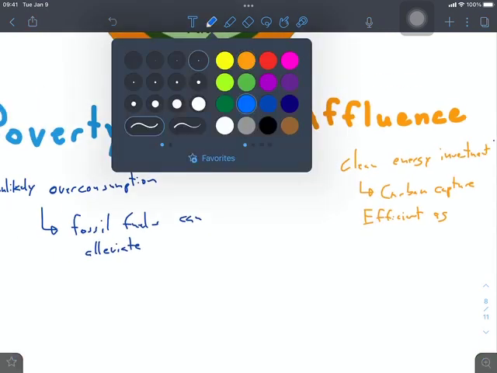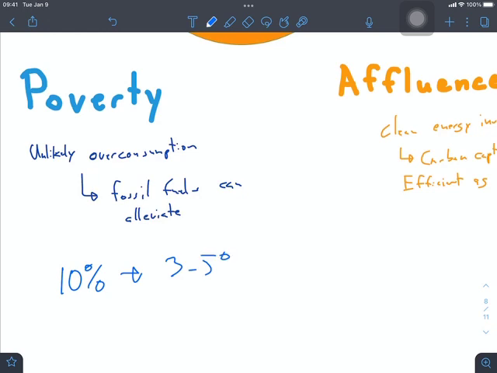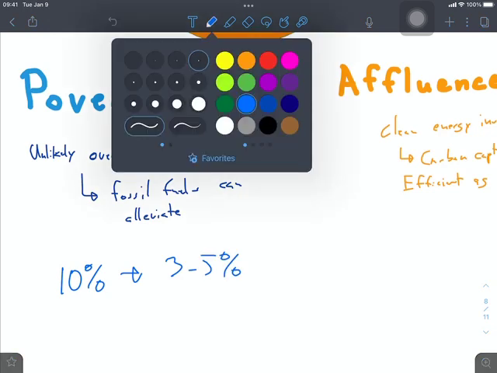When we look at the overall carbon footprints of poverty, we see that the bottom 10% of income earners on our planet are responsible for something like 3 to 5% of our overall material and carbon footprints.